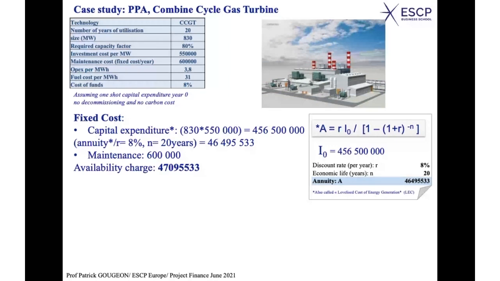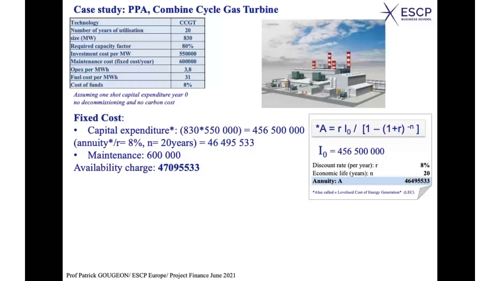So if you are using the plant during 20 years, and if you have a cost of funds of 8%, well, one way to have a kind of annual charge that corresponds to this investment, considering a cost of funds of 8%, you can just take the annuity that corresponds to this amount for 20 years and 8% rate.